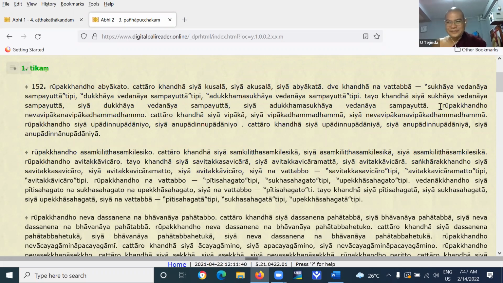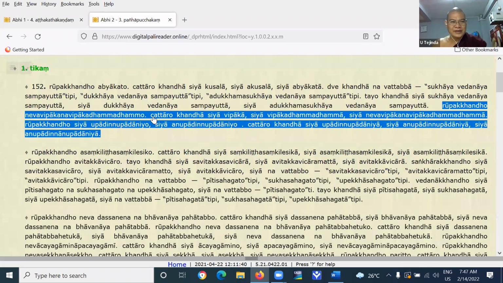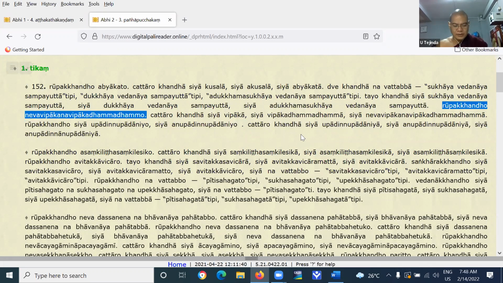Already. So here, Rupa Khanda, Neva Vipaka Na Vipaka Dhamma Dhamma. What is Neva Vipaka Na Vipaka Dhamma Dhamma? Na Vipaka, Neva Vipaka Na Vipaka: they are not the result of Kusala and Akusala.